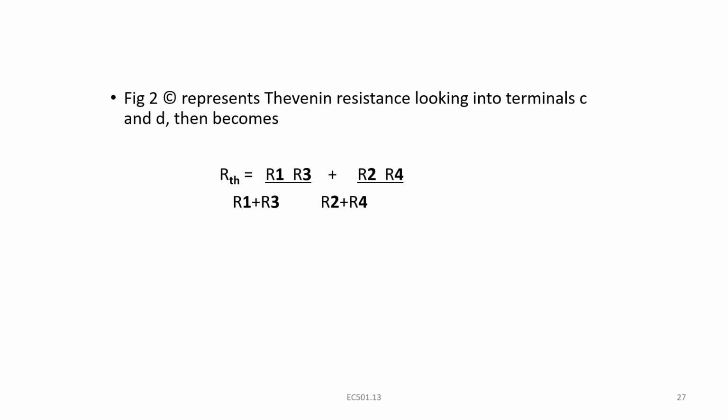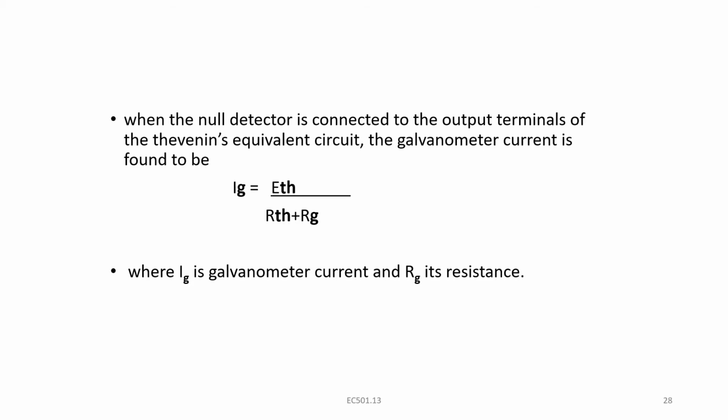The Thevenin's resistance, R Thevenin, looking into terminals C and D, then becomes R1 R3 by R1 plus R3 plus R2 R4 by R2 plus R4.